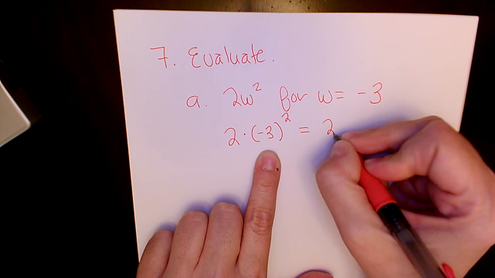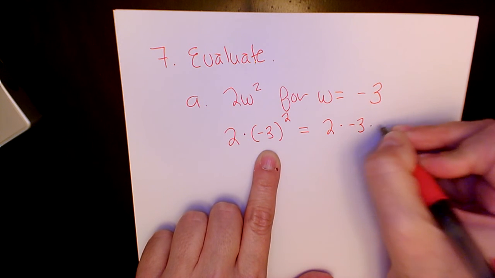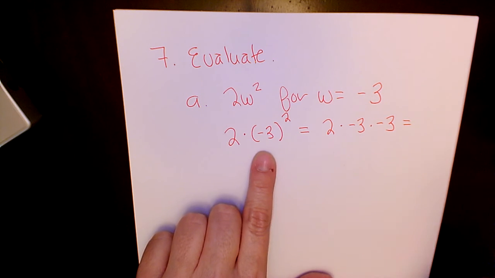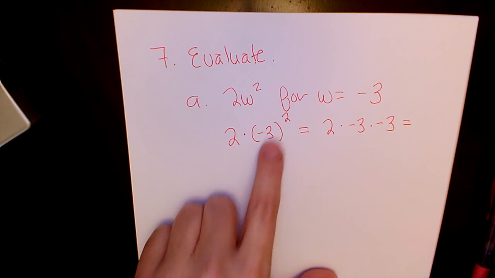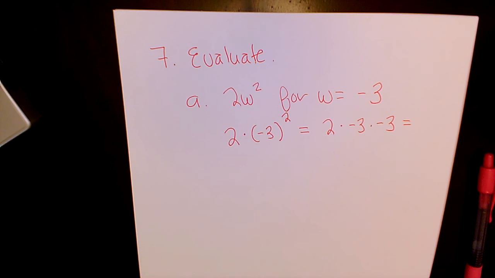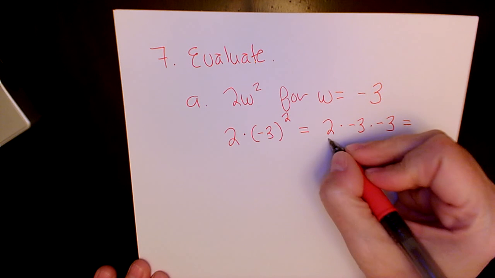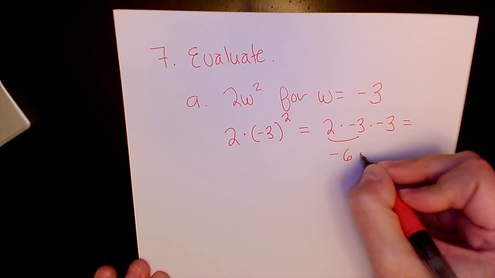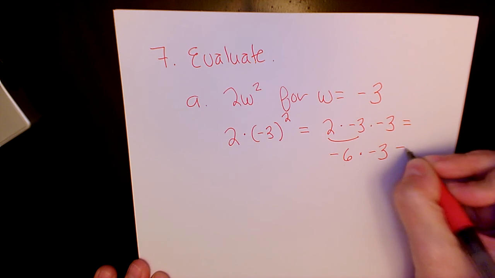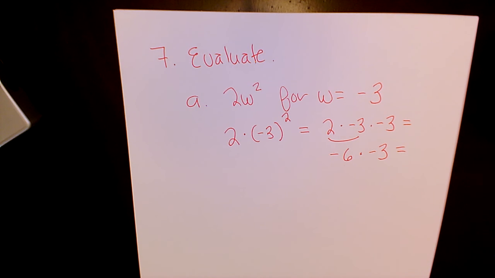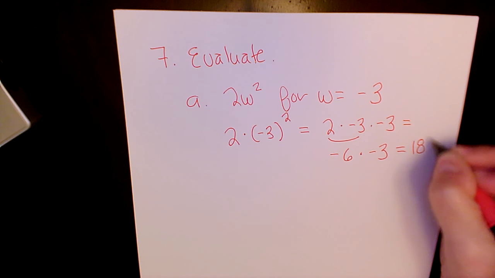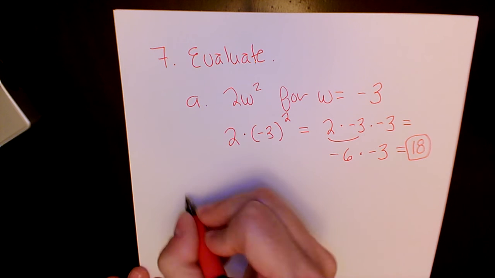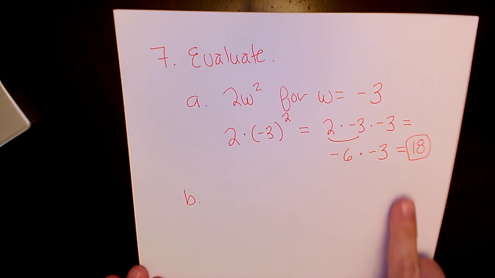So this really means 2 times negative 3 times negative 3, because negative 3 squared, remember what the squared means? Multiply it by itself. So I've got 2 times negative 3, which is negative 6. And negative 6 times negative 3 is a positive 18. So my answer for A is positive 18.